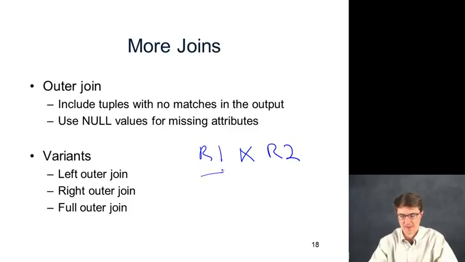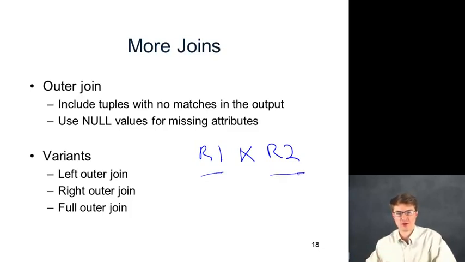If the tuple on the right-hand side matches, great, you put it out and it's just like a regular join. But if there is no match, you still include the R1 tuple, and you pad out the other columns with null as needed. So any value you don't have, make it a null.